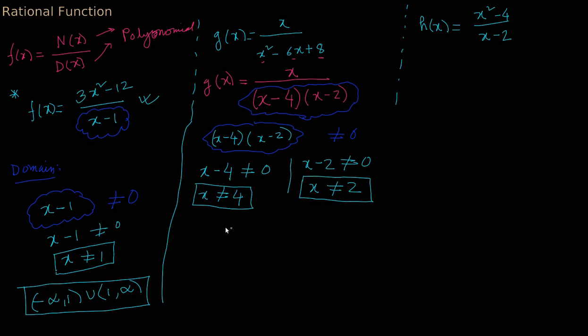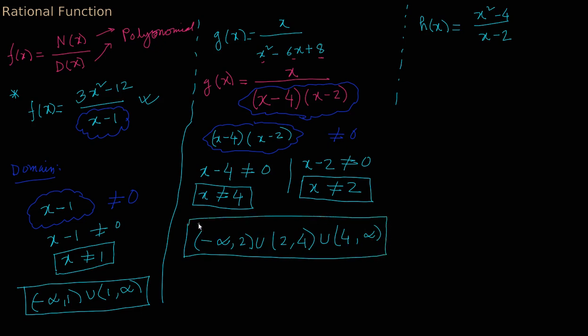In proper mathematical notation, it will be negative infinity to 2, union 2 to 4, and union 4 to infinity. This is the domain for this particular function.